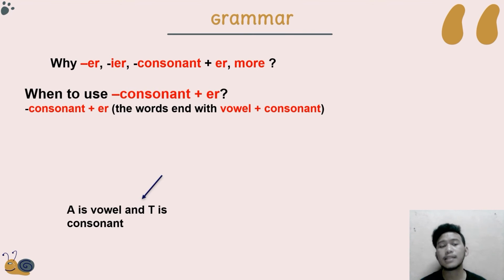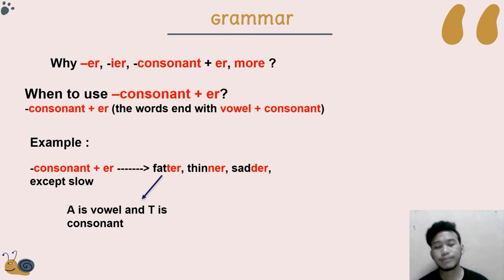Okay, next, consonant plus er. We will use consonant plus er when the words end with vowel plus consonant. For example, we have fatter, where the original word is fat, F-A-T, and thinner, the original word is thin, and sadder, where the original word is sad.